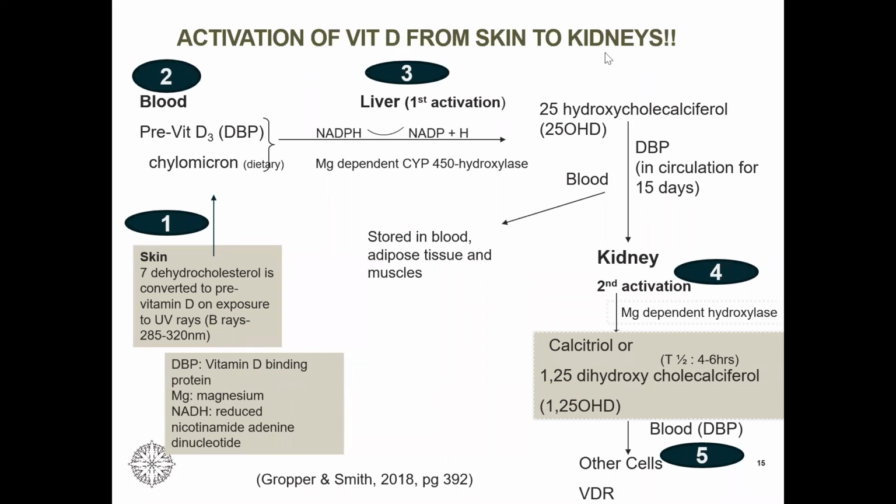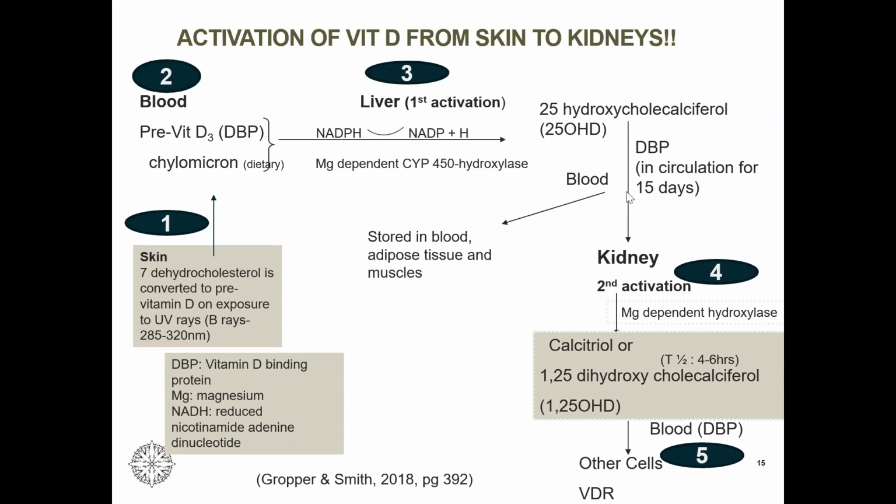Now again, this 25 hydroxycholecalciferol can stay in the circulation for about 15 or more days. So when I'm going to get my blood test about my vitamin D status, this is what I am measuring. So this tells us how much potential I have to make active vitamin D. And this is the form that I am storing also, right?